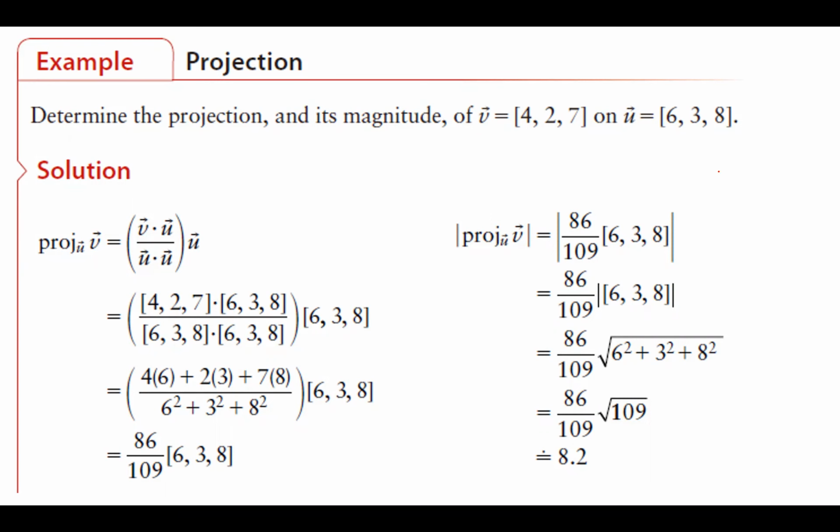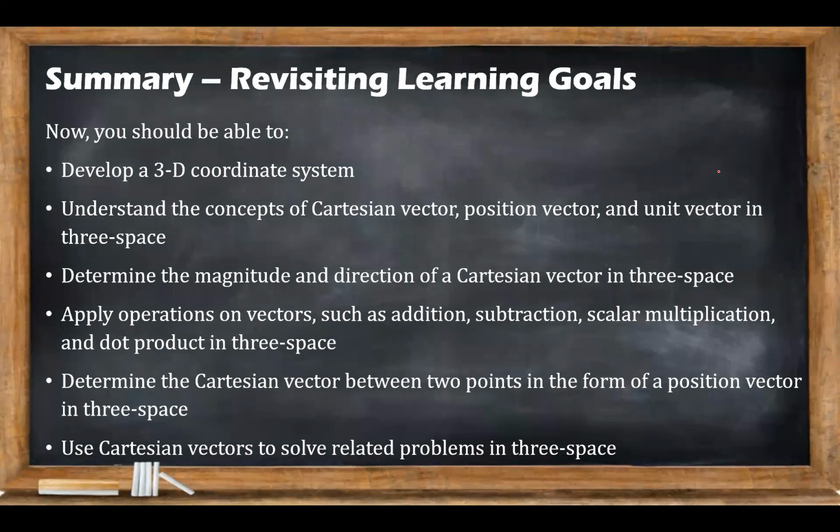Okay, let's have a look at today's learning goals again. So after this lesson, now you should be able to develop a 3D coordinate system, understand the concept of Cartesian vector, position vector, and unit vector in the 3-space settings. Determine the magnitude and direction of a Cartesian vector in 3-space.